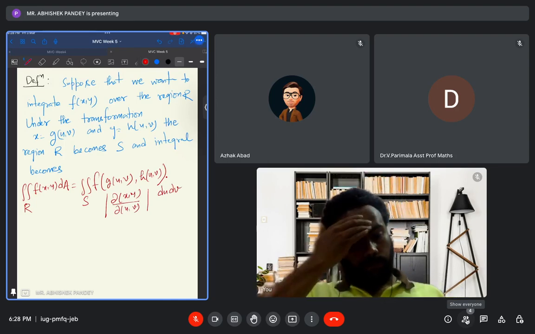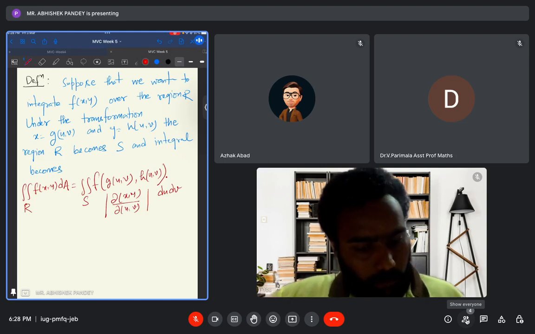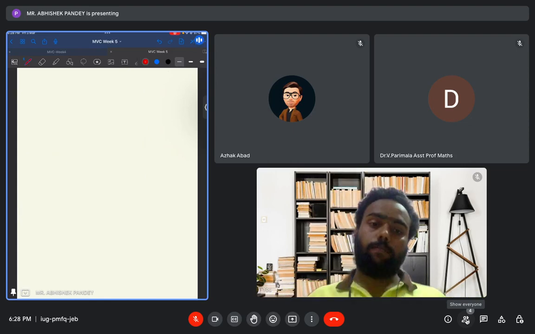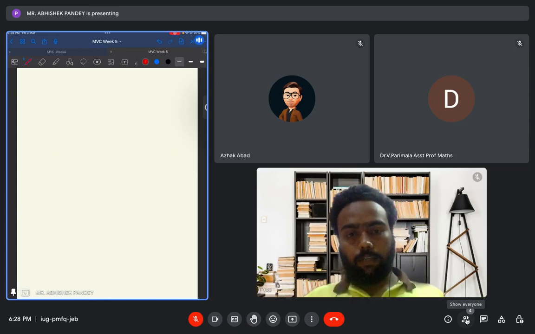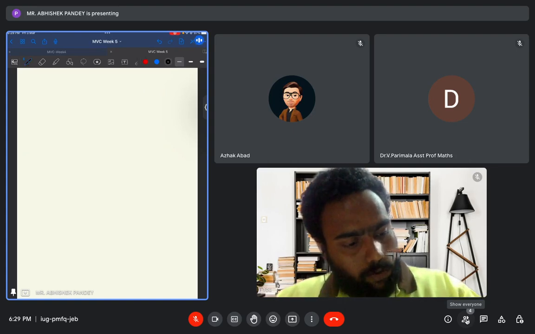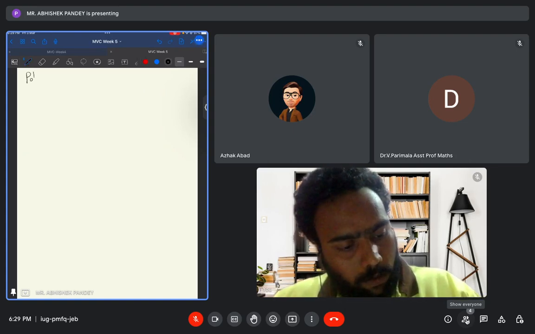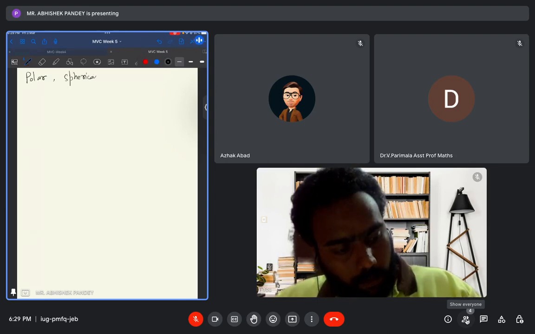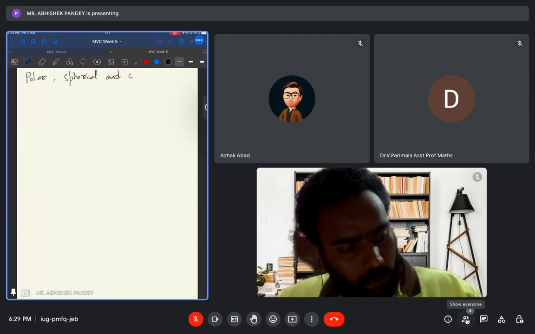Now in two variables there is a very familiar coordinate change known as polar coordinates, and in three variables spherical and cylindrical coordinates. Those things we will discuss: polar, spherical, and cylindrical.